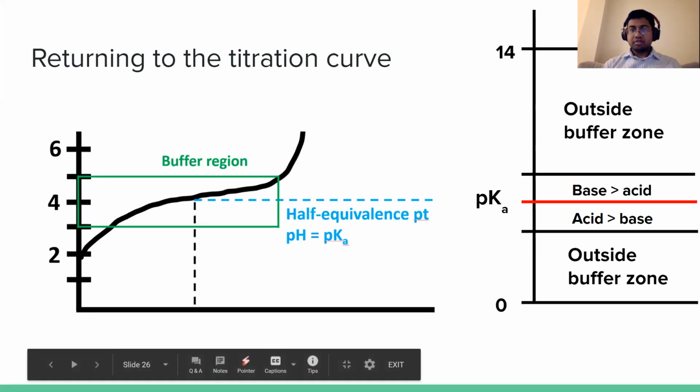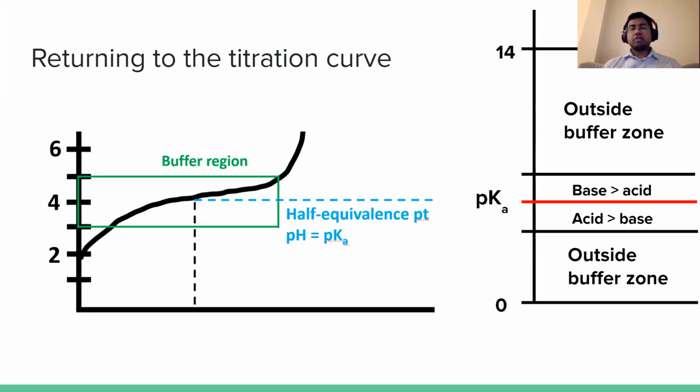Does this mean the buffer zone is in the Zwitterion? The Zwitterion region only really applies to amino acids. You'll often find that amino acids have multiple pKa's because they have different groups.